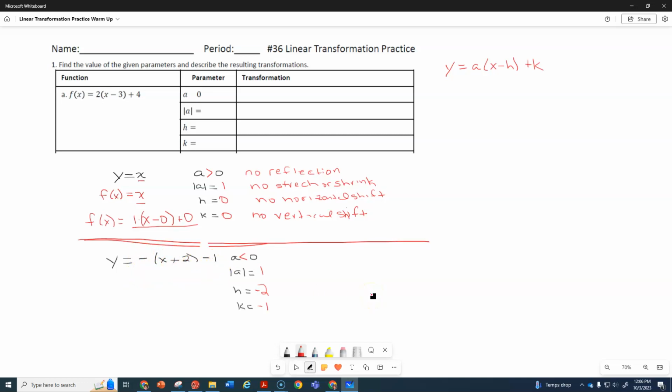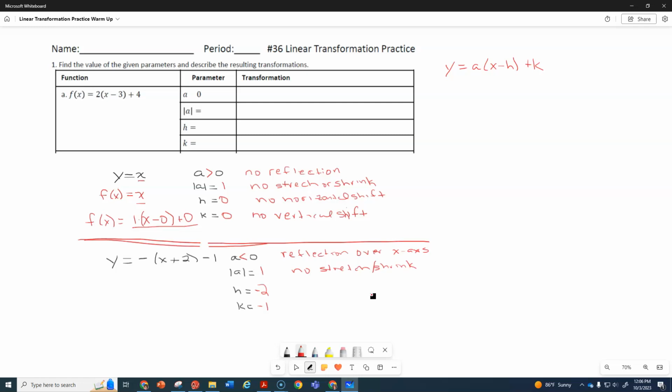So now that we know a is negative, then we know we have reflection. And be sure you tell me what kind of reflection: over the x-axis. Okay, a is 1, so there is no stretch or shrink.